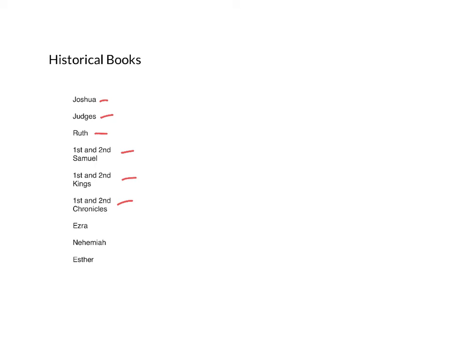Saul, David, David's sons, Solomon, Solomon's sons, the rebellion against the house of David, the establishment of a parallel rival kingdom after a civil war, so there's actually two kings ruling over the territory, one over the tribes of Israel, the other over the tribes of Judah, and all of that mess, and how that eventually winds up with terrible things happening to Israel when the Assyrians invade their land and they are conquered and subdued and taken off into captivity.